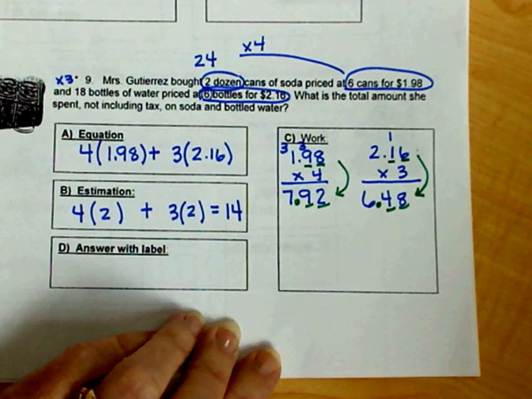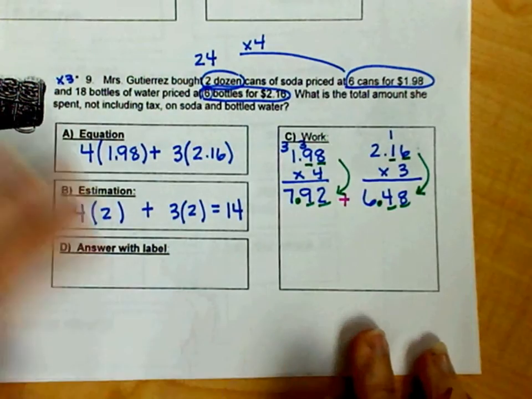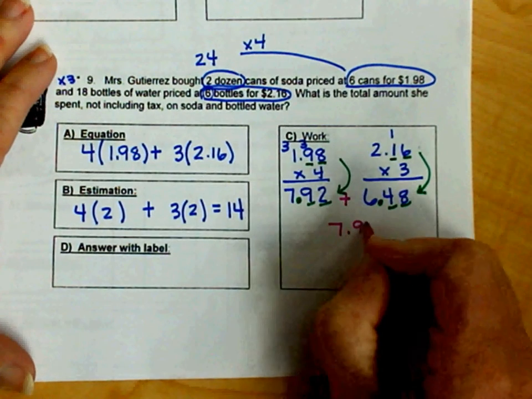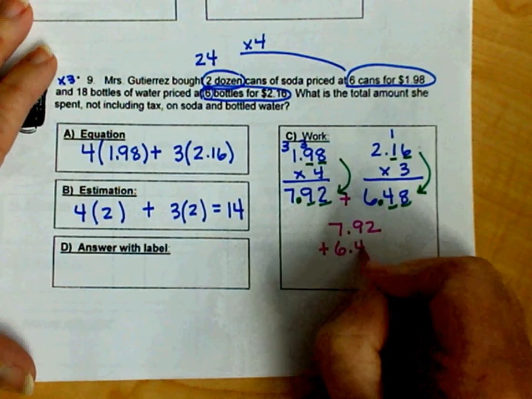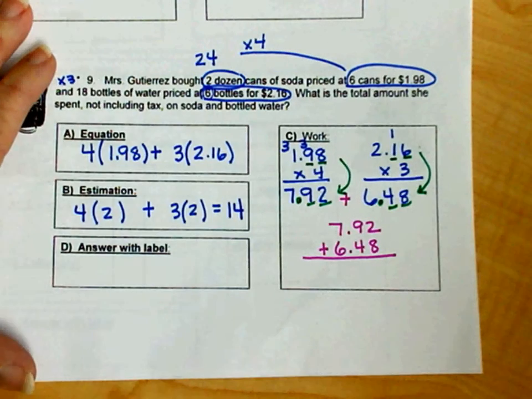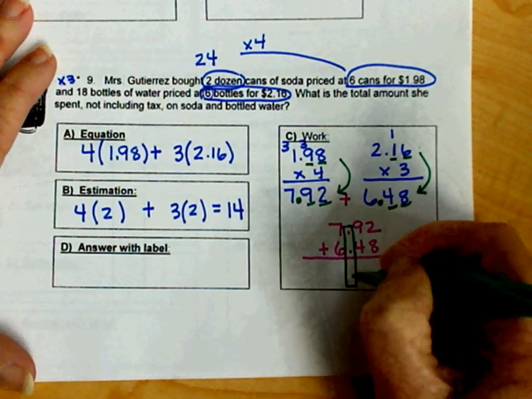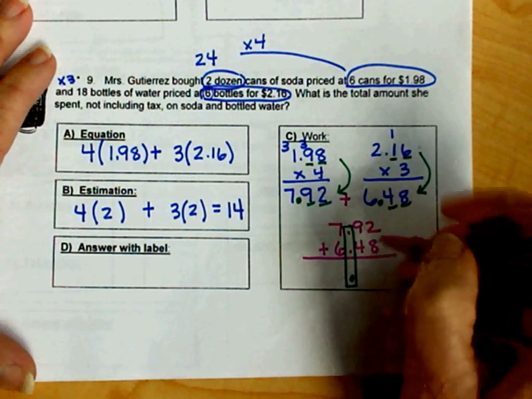My last step is to add these 2 amounts together so I can get my total. So $7.92 plus $6.48. This time when I think about my decimal, I want to line them up like buttons on a shirt, and my decimal point will come straight down. So let's add 2 plus 8 is 10.